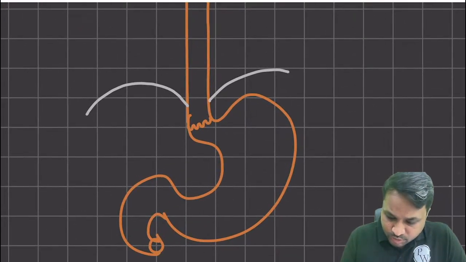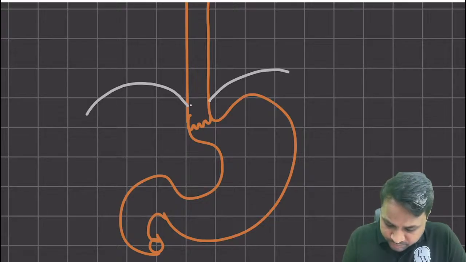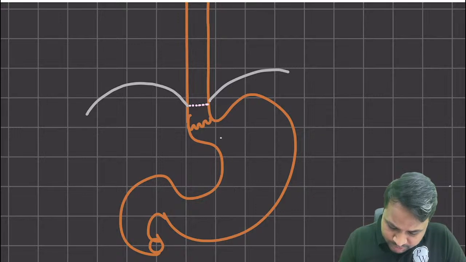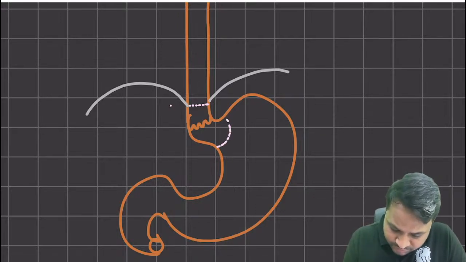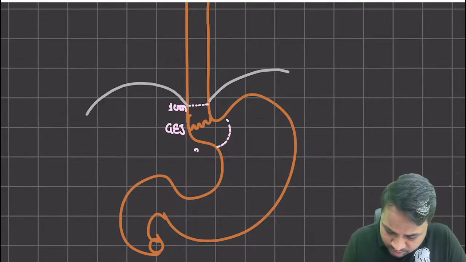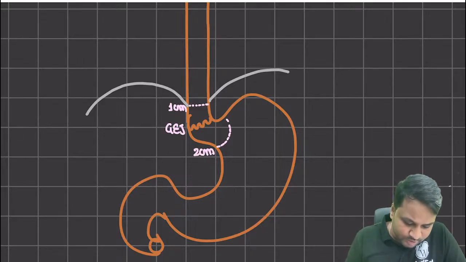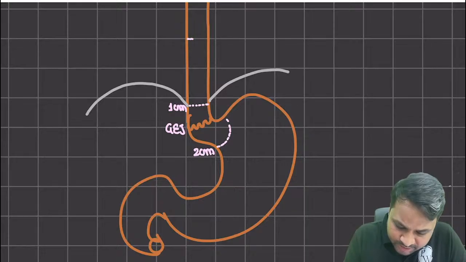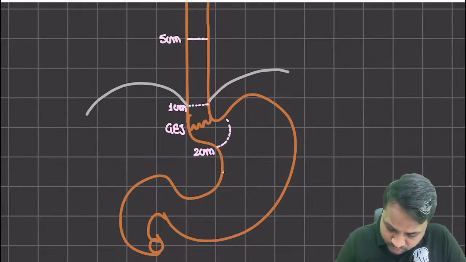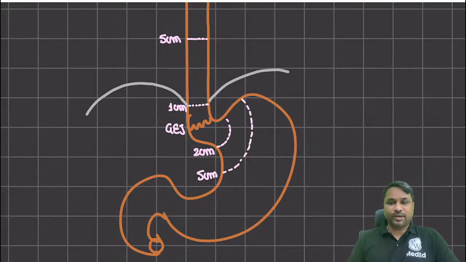The margin you're going to look at is 1 centimeter above the G junction and 2 centimeter below the G junction, which is the first category. This is 1 centimeter from the gastroesophageal junction. This is 2 centimeter from the gastroesophageal junction. The upper limit is set at 5 centimeters from the gastroesophageal junction, and the lower limit is also set at 5 centimeters from the gastroesophageal junction, right?